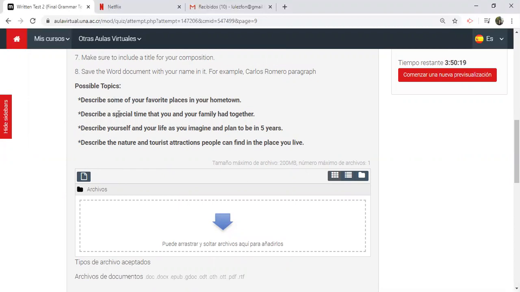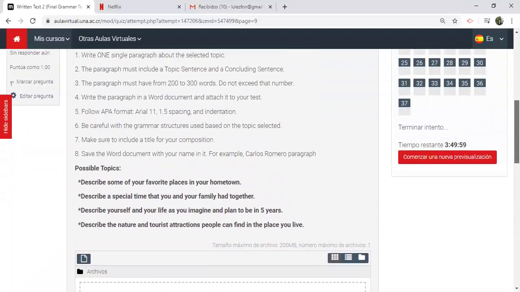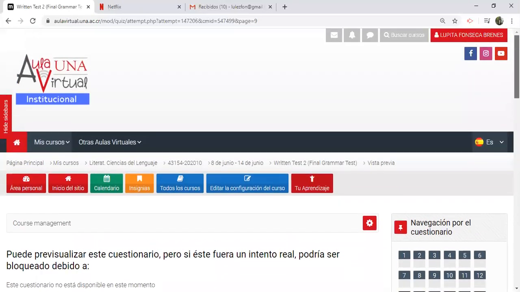If you choose topic number two, you will probably use more simple past and past continuous. If you choose number three, you will probably use simple future, future with will and be going to. And the last one is more likely to include simple present, maybe present continuous.